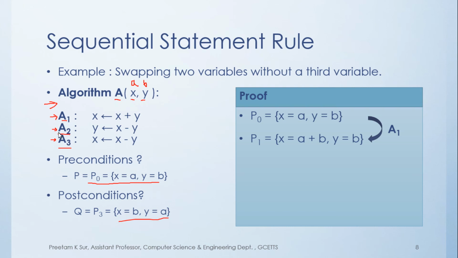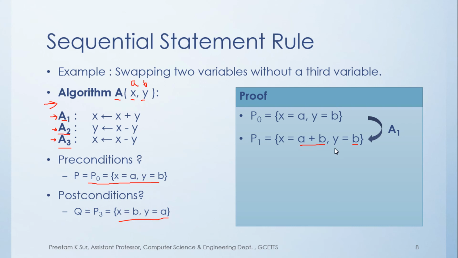So on this state, when the a2 statement is executed, what will happen? y will be changed to x minus y. Now see, in this state the value of x is a plus b and the value of y is b. So y equals x minus y will give you a plus b minus b, which is basically a.